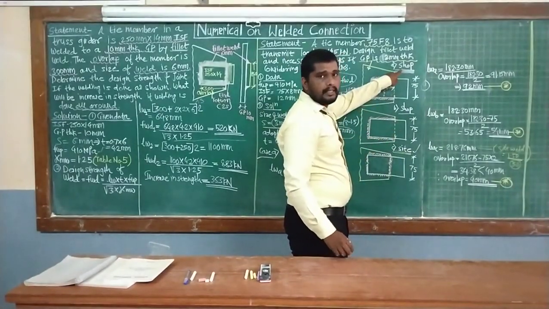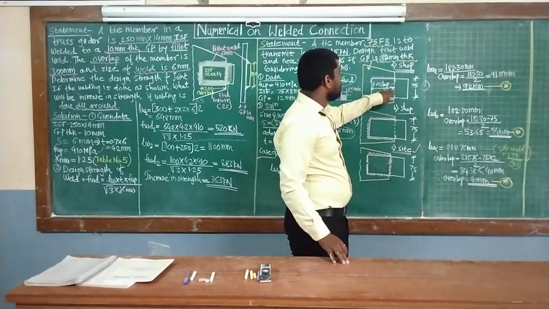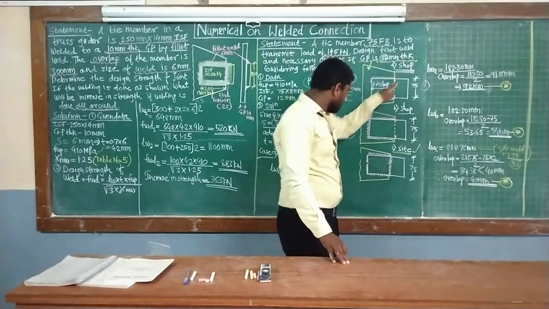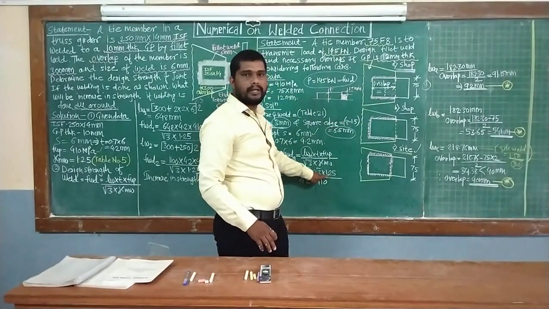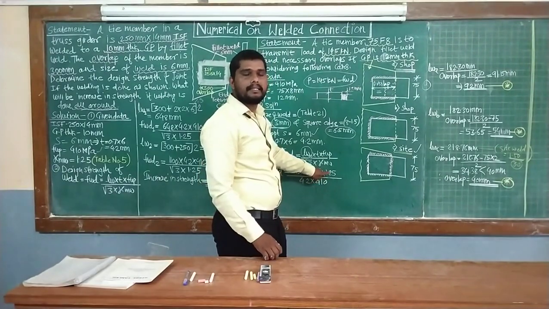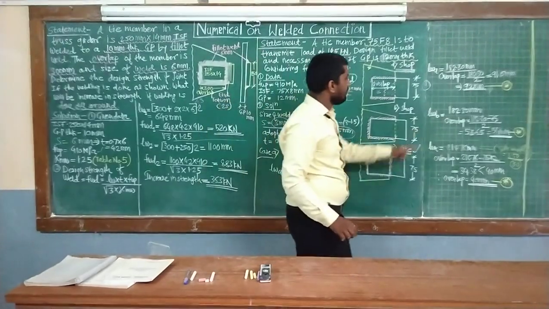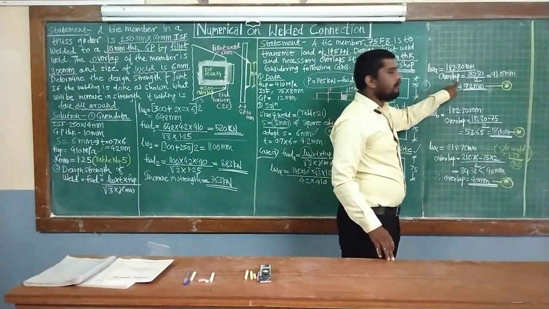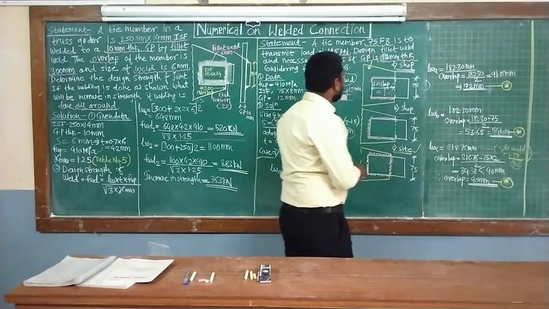So if we are doing the connection in the shop, the partial safety factor is 1.25 according to Table number 5, page number 30 of IS 800/2007. Then what will be the overlap? How are we going to find out the overlap?